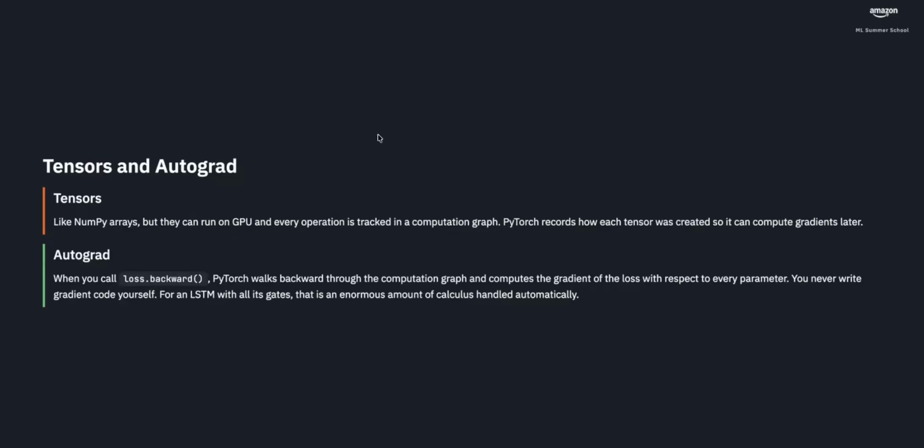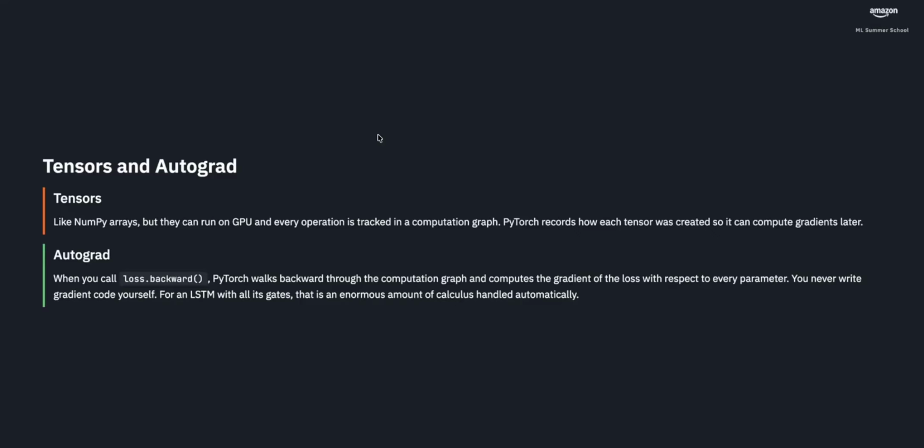Second, autograd. When you call loss.backward, PyTorch walks backward through that computation graph and automatically computes the gradient of the loss with respect to every single parameter. You never have to derive or implement a gradient yourself. For an LSTM with forget gates, input gates, cell states, that is an enormous amount of calculus. PyTorch just handles it for you.